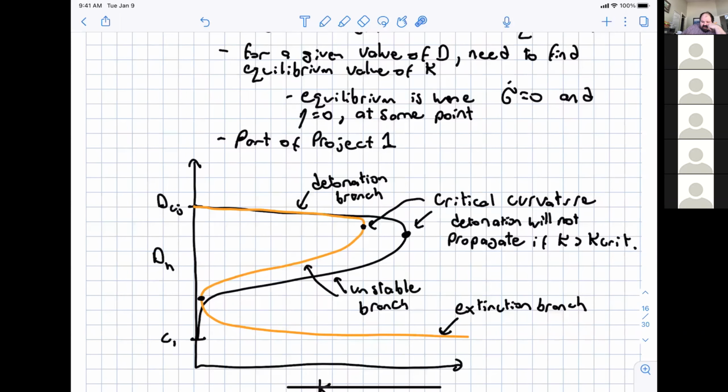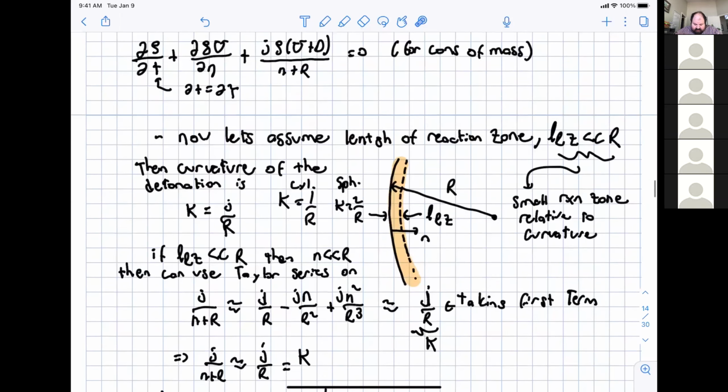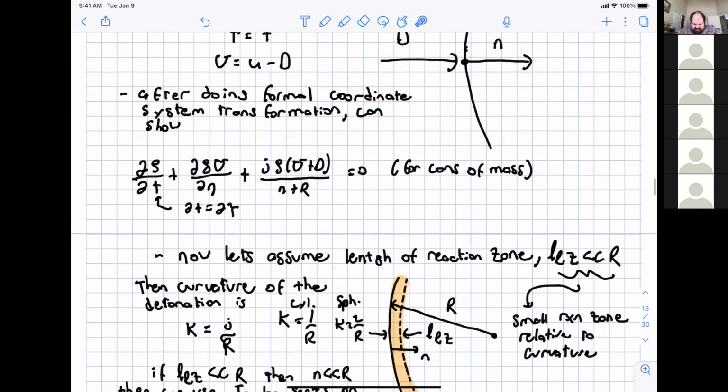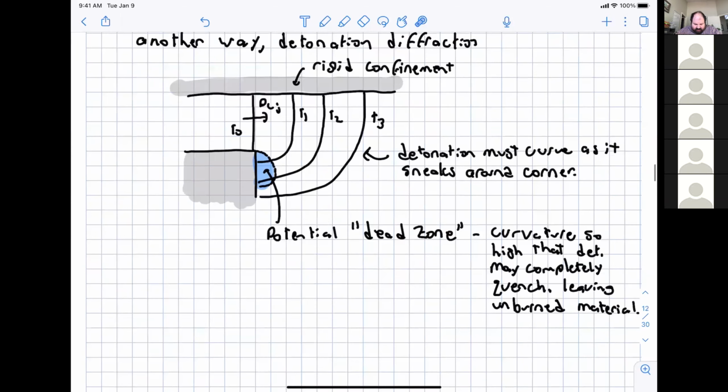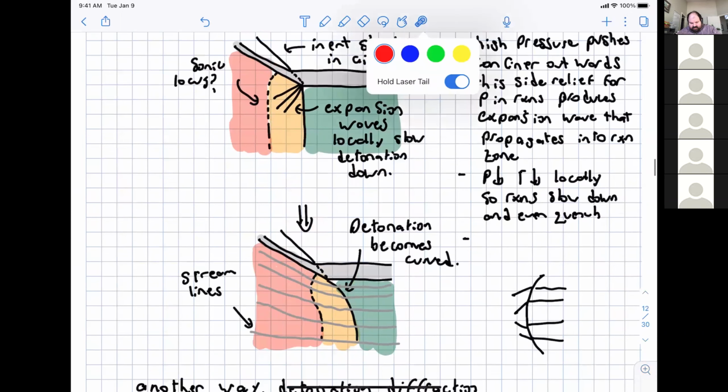So last time we were talking about detonation shock dynamics, which is basically a theory that accounts for the fact that detonations, say in a high explosive charge, can be curved due to the high pressure pushing out a steel casing or something like that.